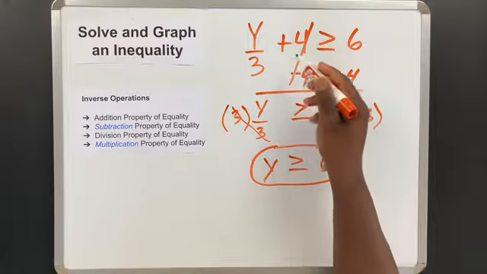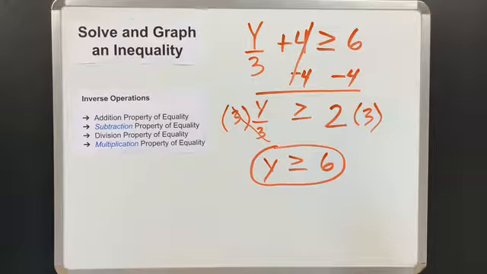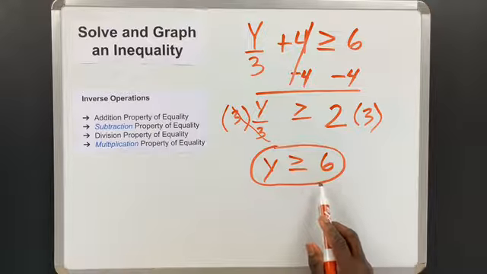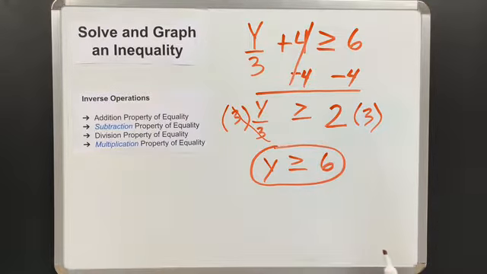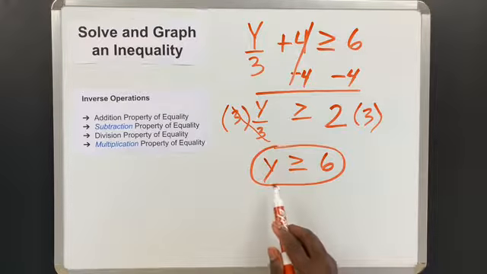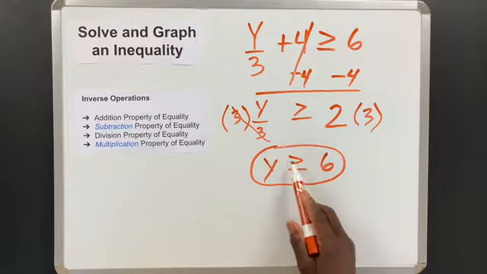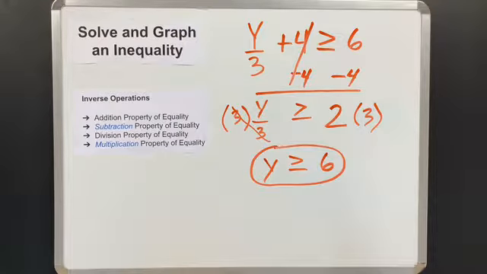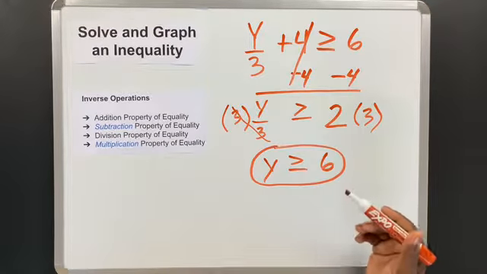Y divided by 3 plus 4 is greater than or equal to 6. The solution says y is greater than or equal to 6. Another way to think about it is all values of y that are greater than or equal to 6 would be solutions to this inequality. So let's say what's greater than 6?